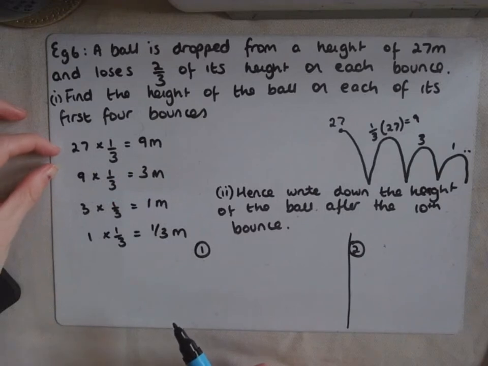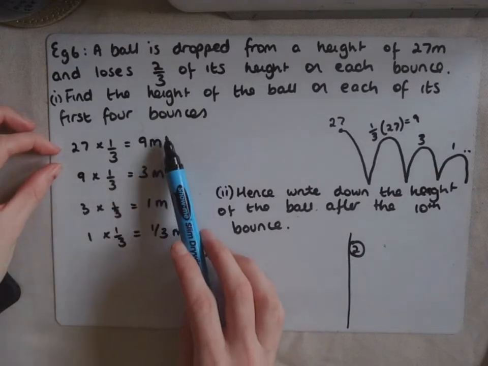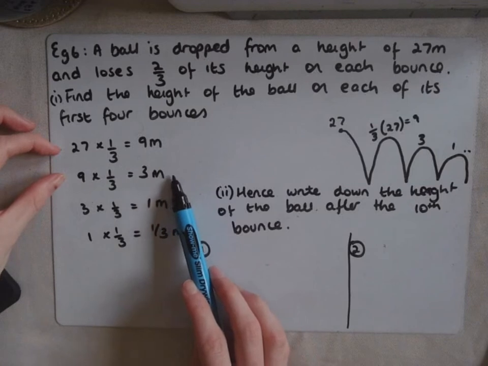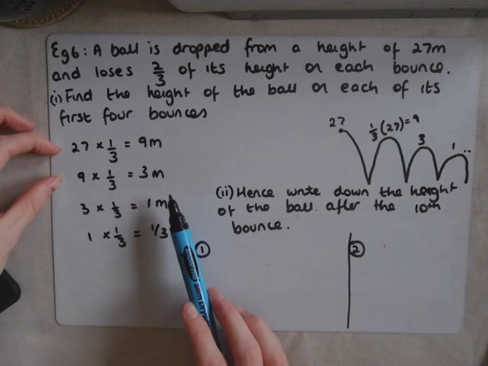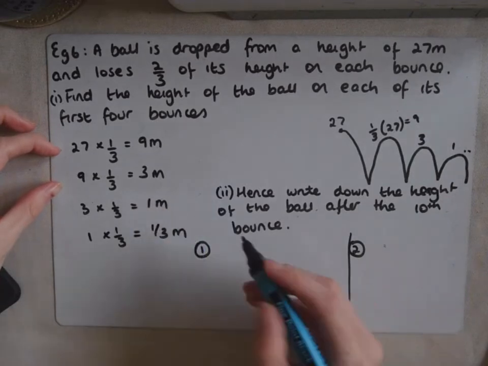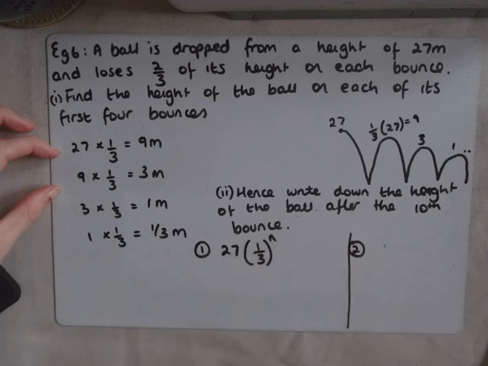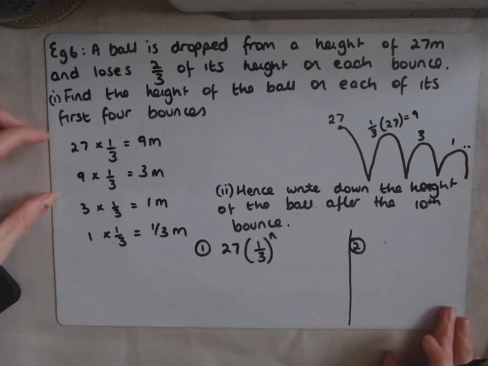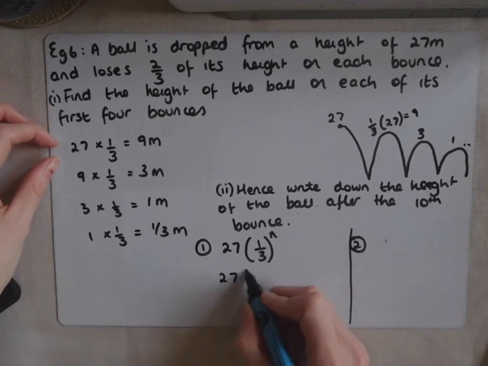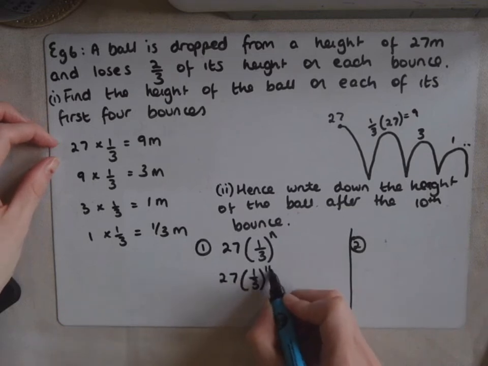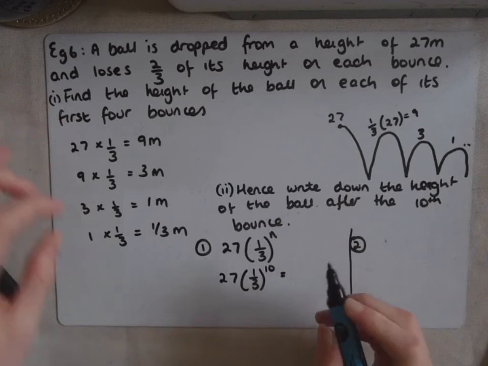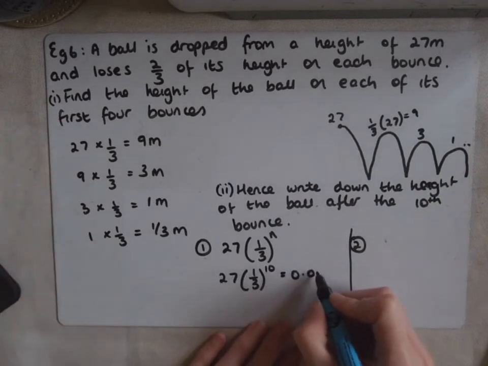Now, I had to then multiply by a third again to get the second bounce. So it was a third squared. I multiplied by a third again for the third bounce. So basically, that would be a formula for getting the height on each bounce. So it would be 27 by a third to the power of 10 if I'm interested in 10 bounces.